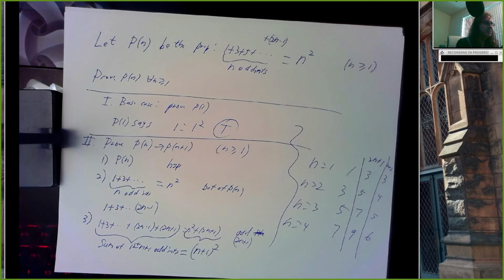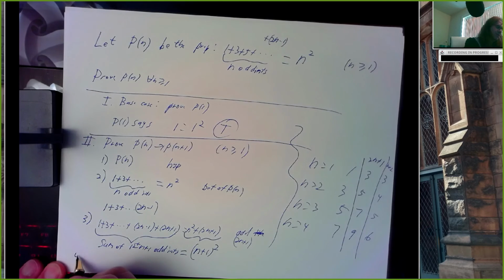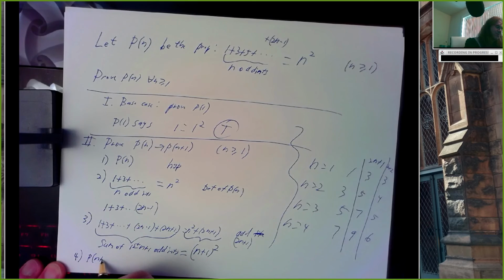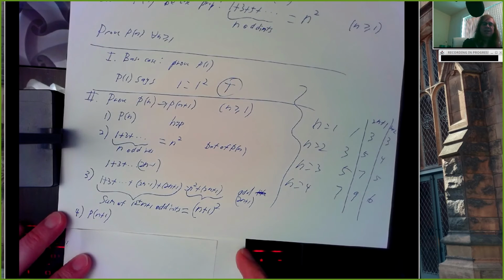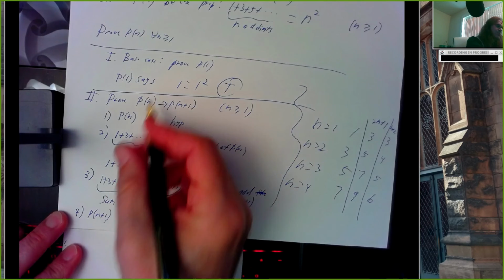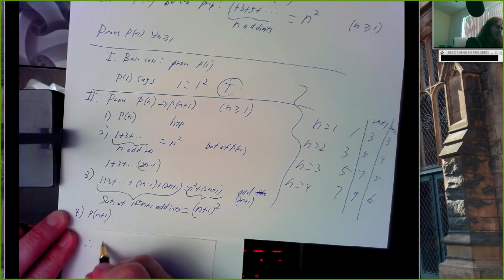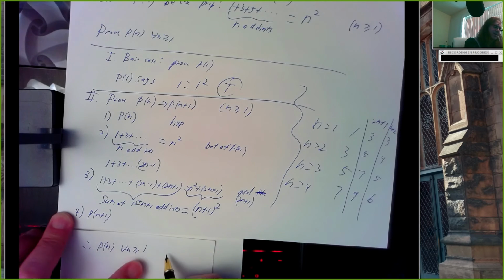And so I've shown that the sum of the first n plus 1 odd integers is equal to n plus 1 squared. And that's exactly what P of n plus 1 says. So at that point, I can say, therefore, P of n for all n bigger than or equal to 1, and that's mathematical induction.